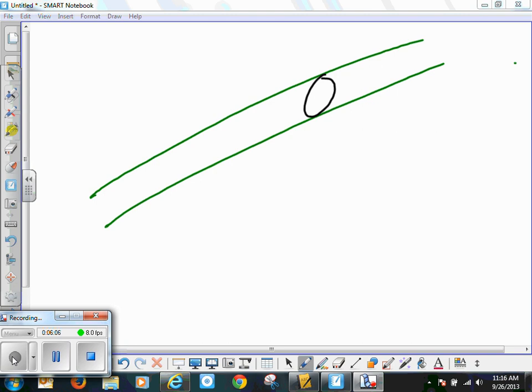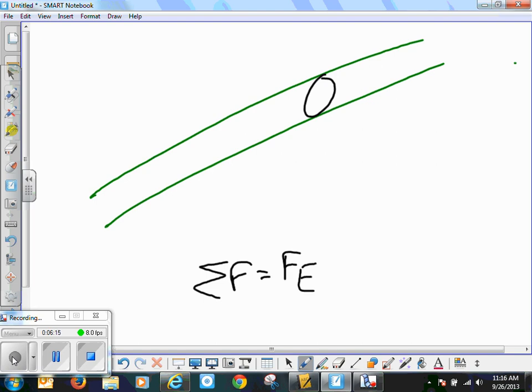So we have the summation of forces in the direction of the explosion is going to be the force of explosion. So that's going to be the big one right here, right? Okay. And then we're going to have minus the force of friction, and we'll call it kinetic friction.